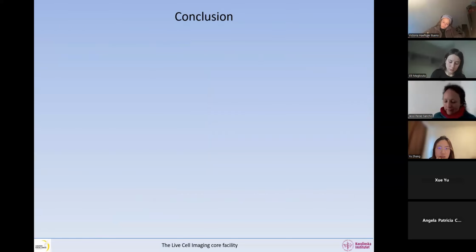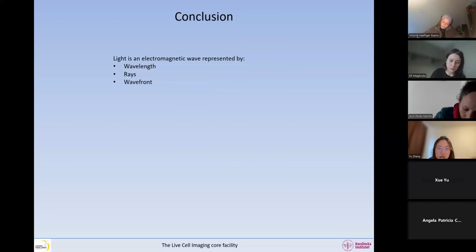So this was a little introduction to what light is and how relevant it is for microscopy. So light is an electromagnetic wave, and it can be represented in three different ways: in wavelengths, rays, and wavefronts. And the visible range we as microscopists work with is about 400 to 700 nanometers.